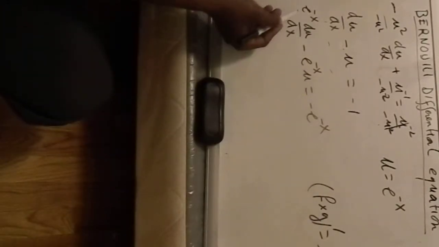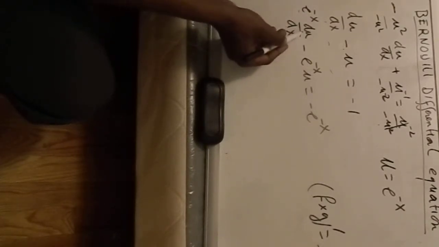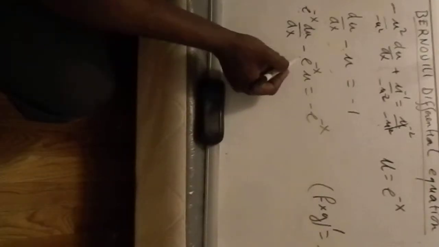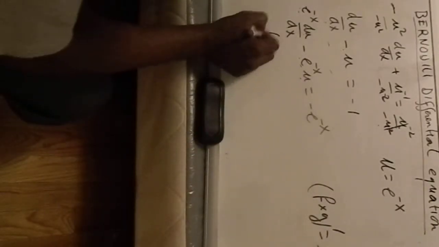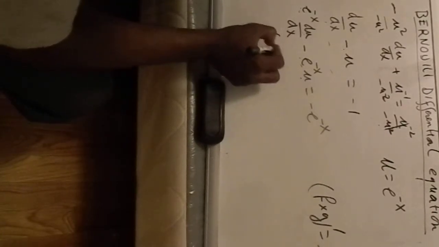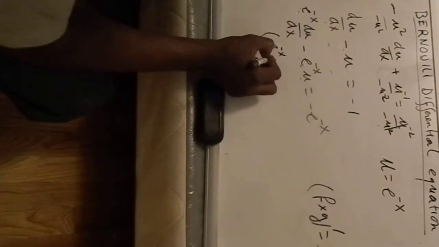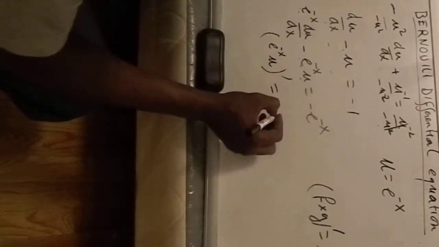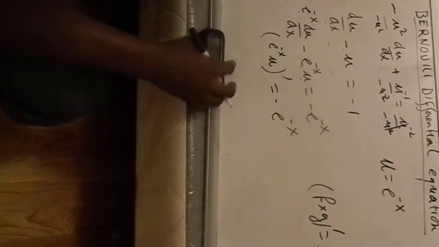You have f prime, which is du over dx, times g, and then the derivative of g times u. Therefore, this will mean that e to the negative x u prime is equal to negative e to the negative x.